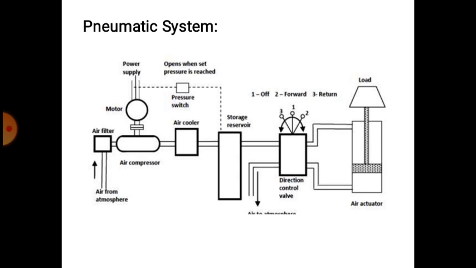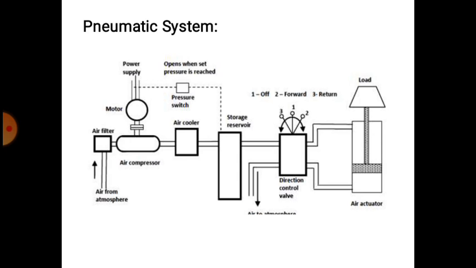Now we'll see the components of the pneumatic system. A compressor is required to compress the air, and a filter is required; the air passes through the filter next to the compressor. To run the compressor we require the electric motor. When the air is compressed, the pressure and the temperature increase, and to cool the air we require an air cooler. After the air cooler there is a reservoir.